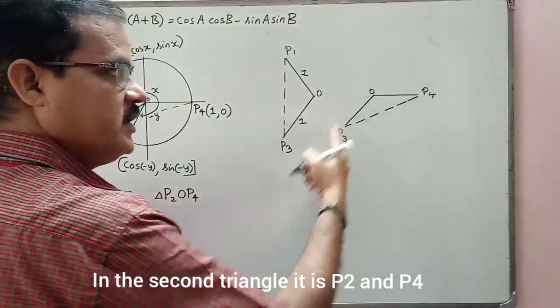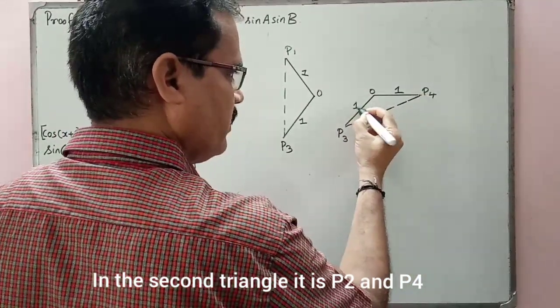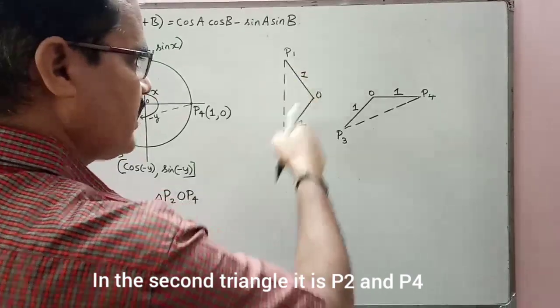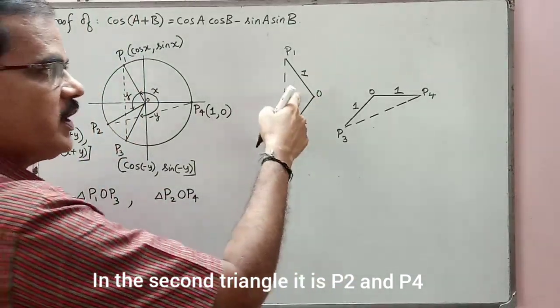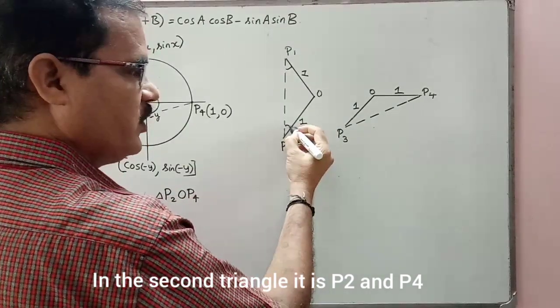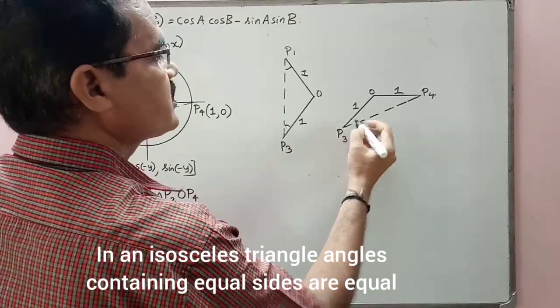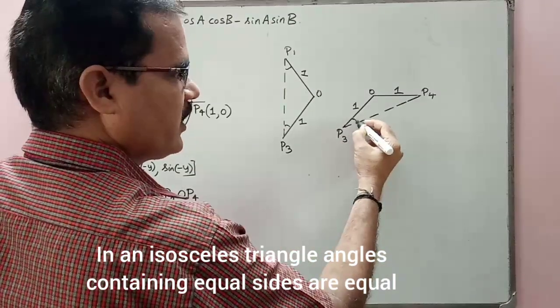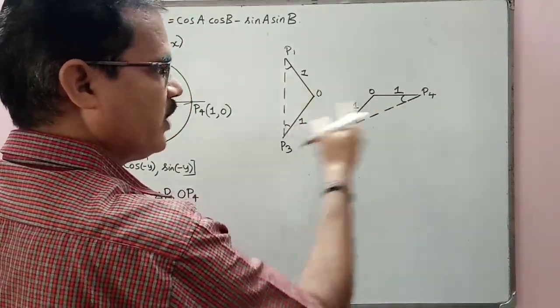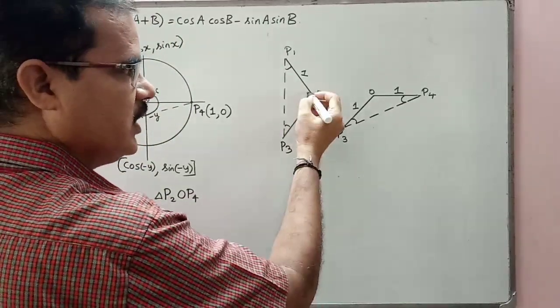Again, OP3 and OP4 are the radius of the unit circle, so they are always 1. Now what type of triangle is this? This is an isosceles triangle. So whatever is the angle here will be the same. And again, this is also an isosceles triangle with a side length of 1. So the angle is going to be the same. So we know these corresponding two angles are the same. When two angles are the same, the third will also be the same.